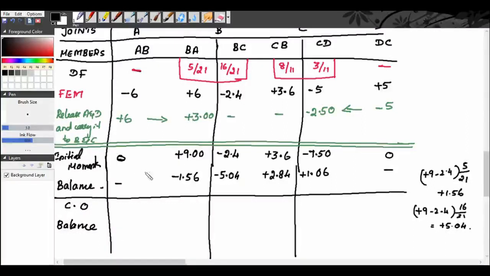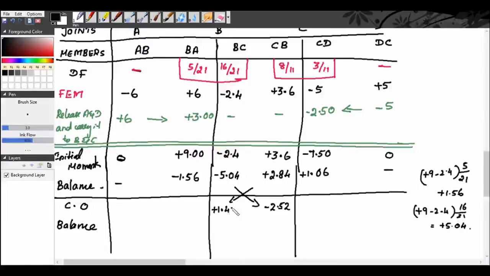Now, between the span BC, the moment is carried from B to C and from C to B. Because B and C are intermediate supports, they are treated as fixed supports. So at B and C, in the span BC, it is carried. So from BC, half is carried to CB, and from CB, half is carried to BC.